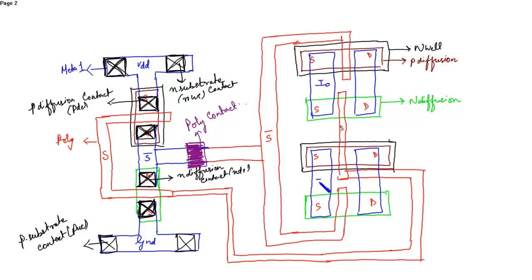This is input 2, that is I1. These two drains are connected to get the output, so we can connect from here directly. From here we'll obtain the output, that is out.